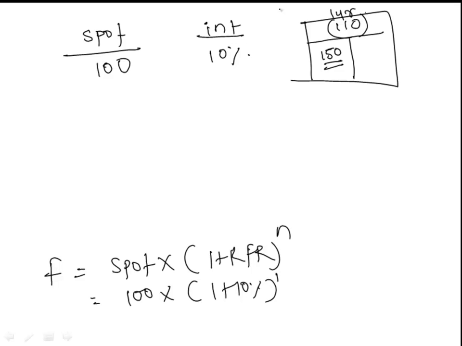So is it the price of the underlying asset? No. 110 means that after 1 year, long will be able to buy the underlying asset and short will be able to sell at 110. The transaction will happen at 110.